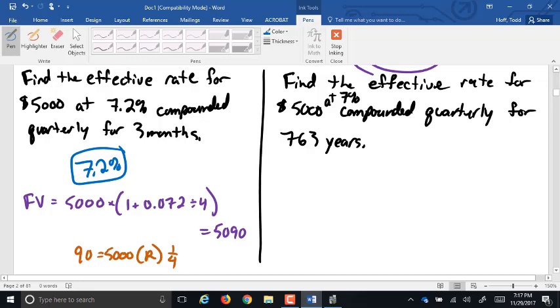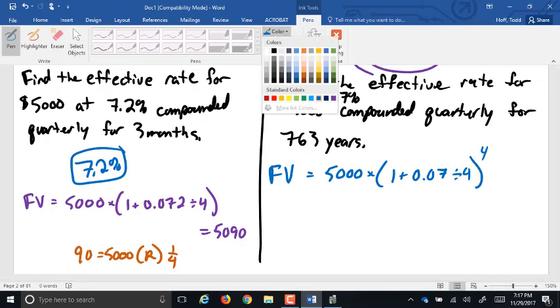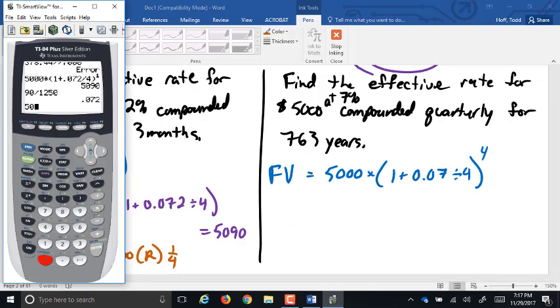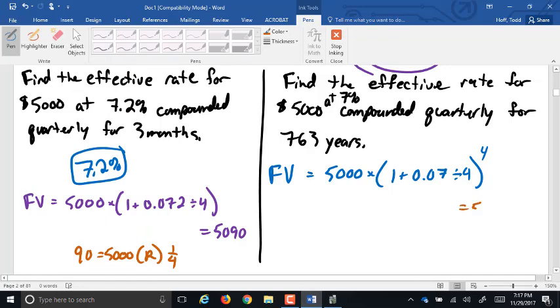Now, the other one, it is going to change. We're only going to go for 1 year, however. So our future value is going to be 5,000 times 1 plus 0.07 divided by 4, to the power of 4, because it's just 1 year. So 5,359.30.